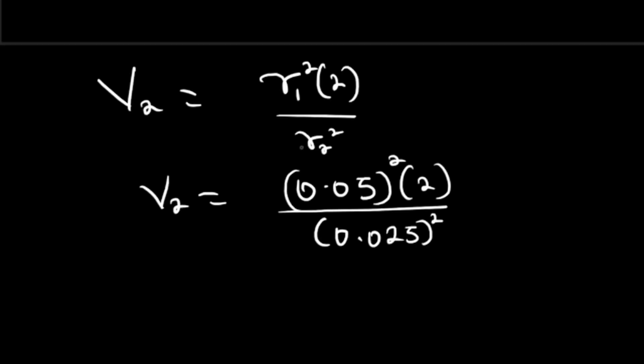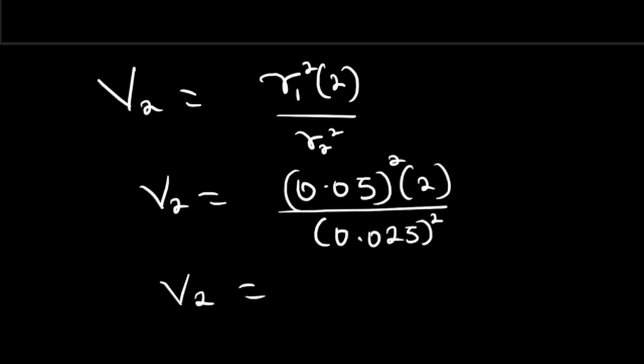Now let's solve and see what we're going to get. So 0.05 squared, this is equal to, here we say our V2 is equal to, or let me do the calculation straight.